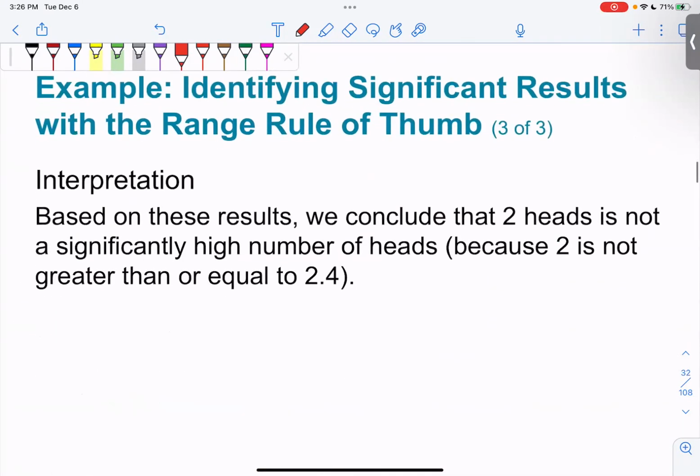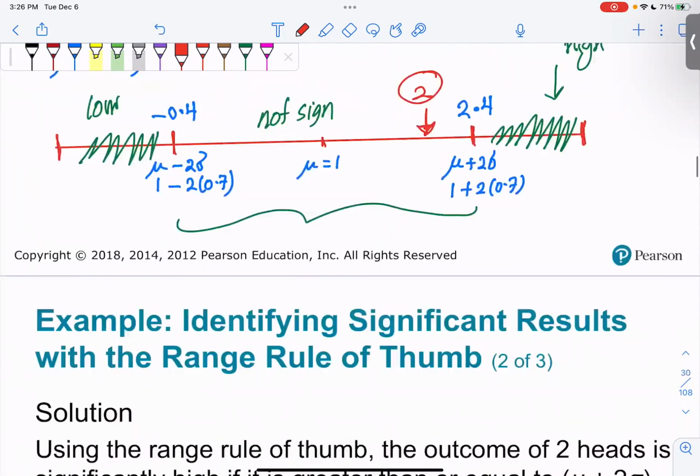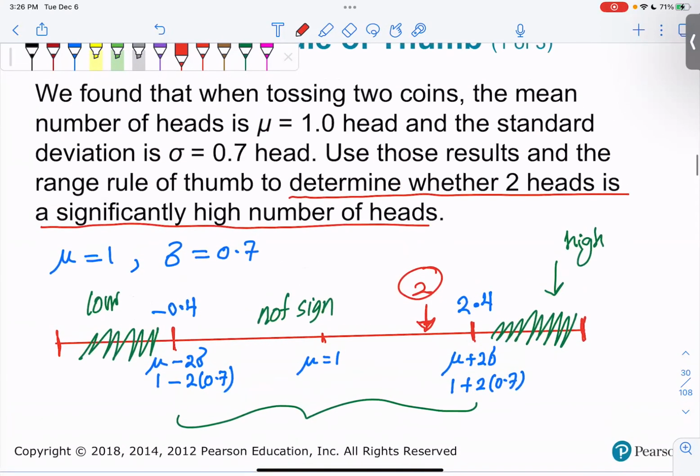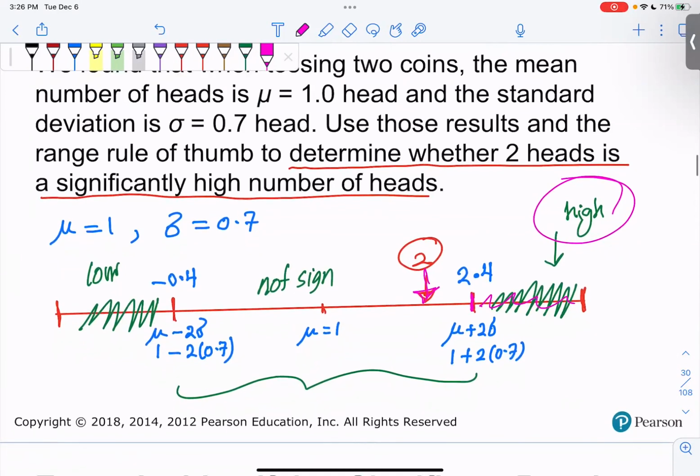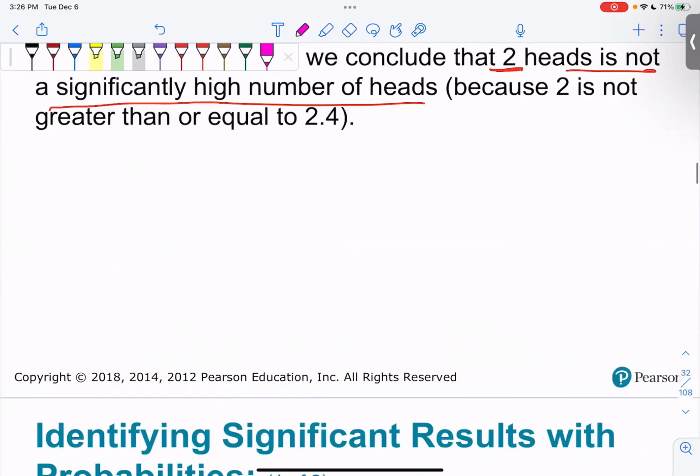Since 2 is less than that, 2 is not a significantly high number of heads, which is clear here, right? 2 will be somewhere here. And we say that if we have 2.4 and above, it will be significantly high. So 2 is less than 2.4, then we cannot say that 2 is a significantly high number of heads.